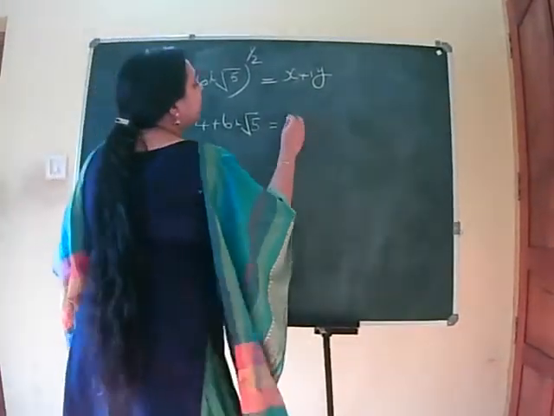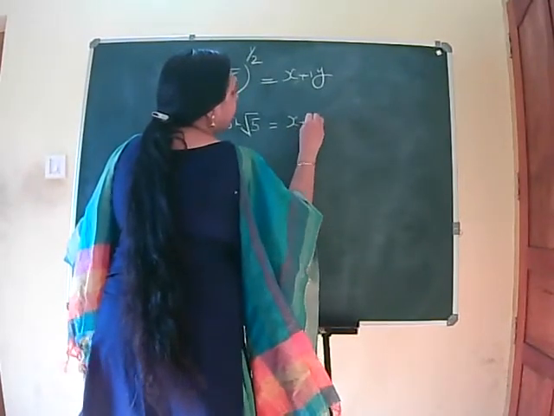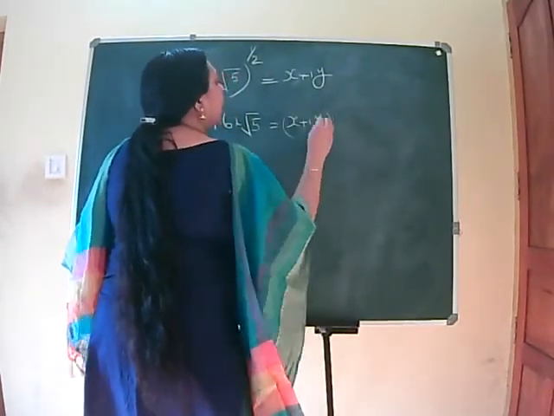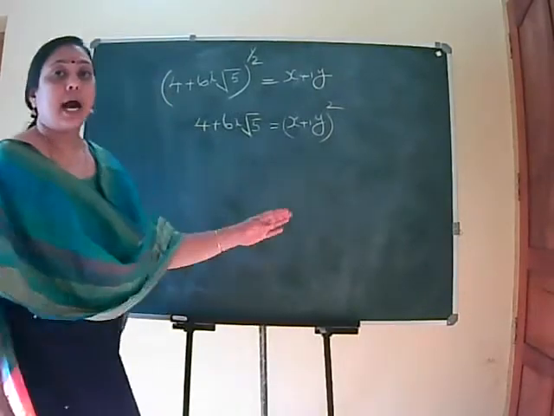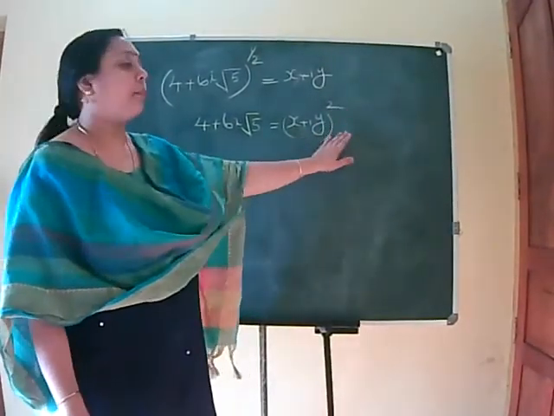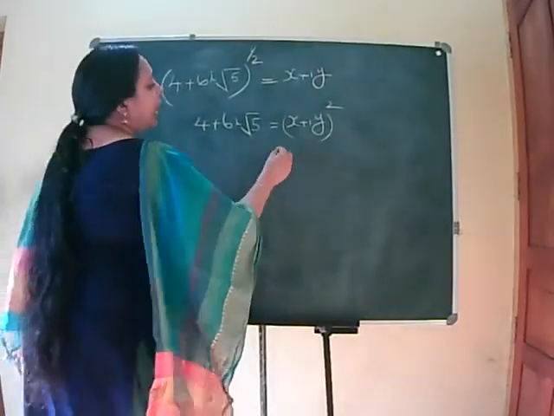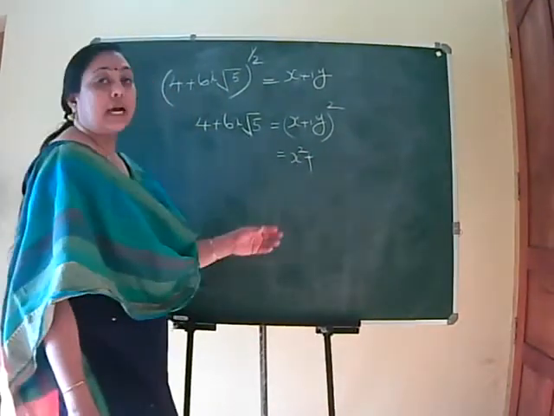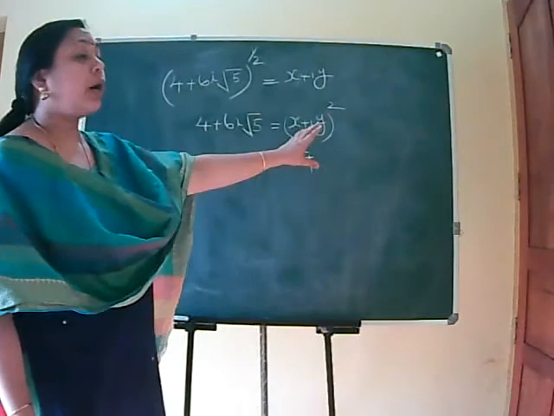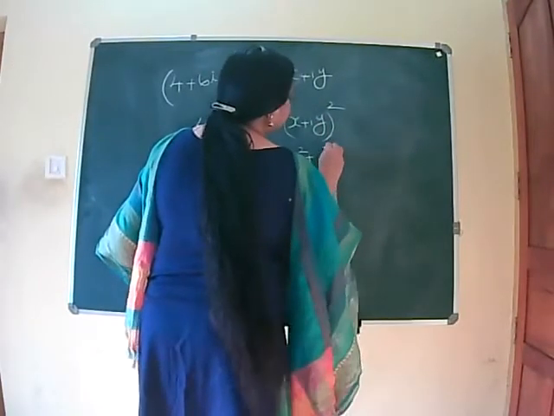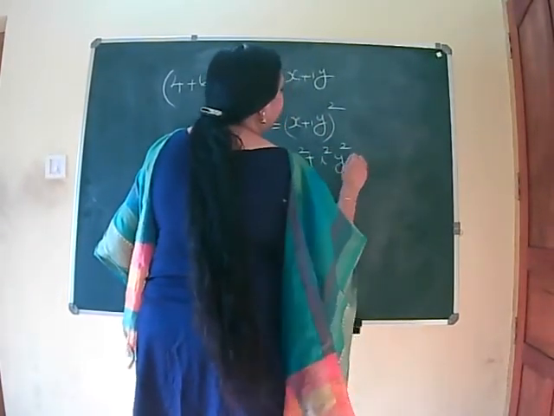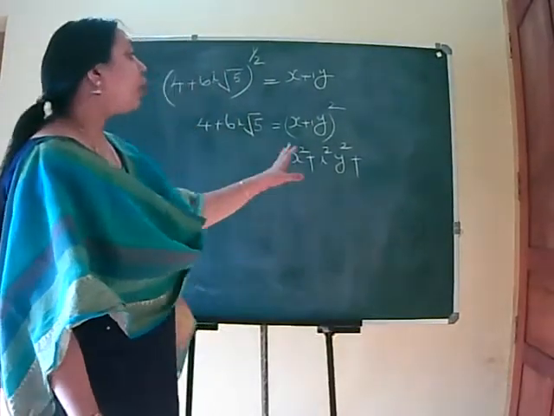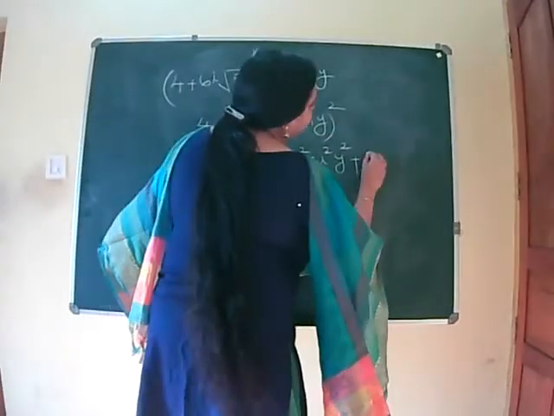That is, x plus iy, the whole square. That is x square plus i square y square plus 2i into xy.